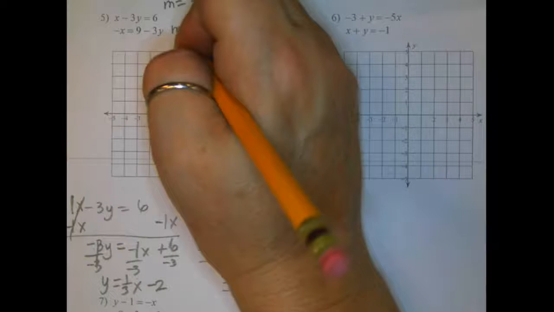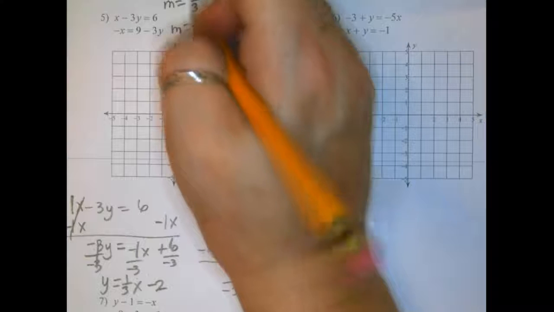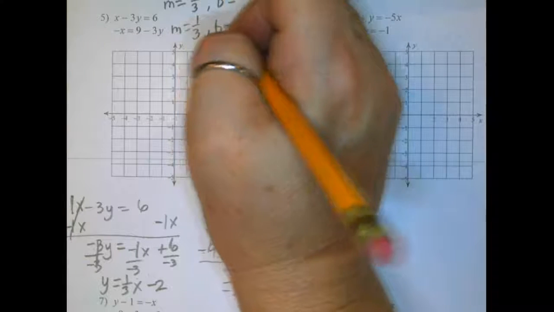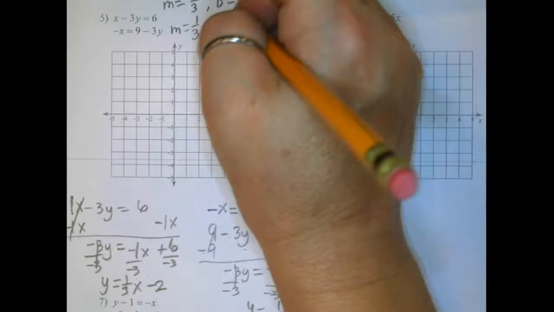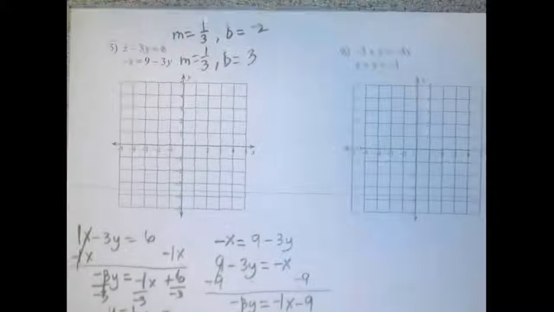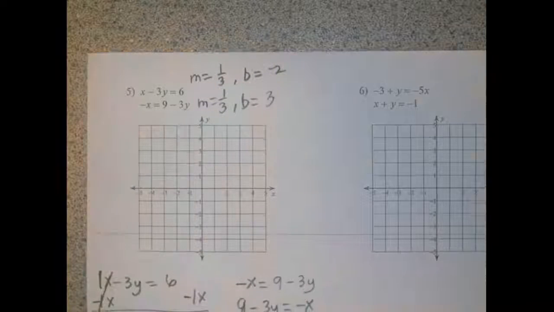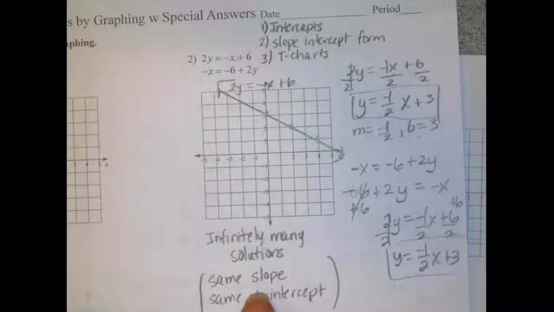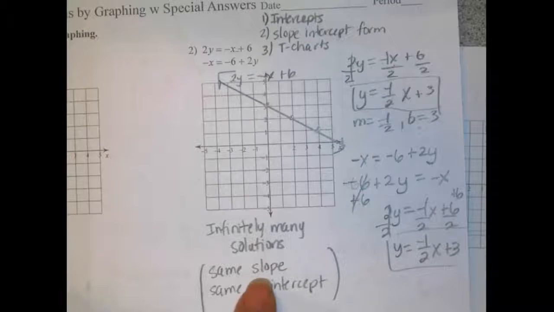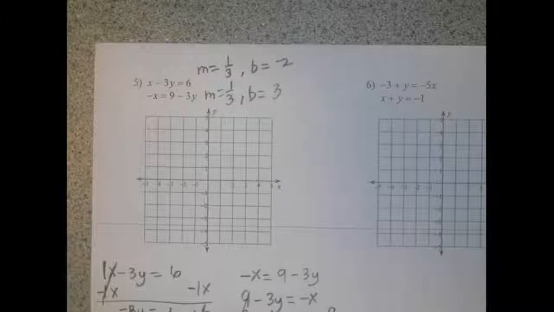So my slope is 1/3 again, but this time my b is a positive 3. So it doesn't meet the criteria of having the same slope and the same y-intercept, because my slope is the same, but my intercept is different. So it's not going to be an infinitely many solution.